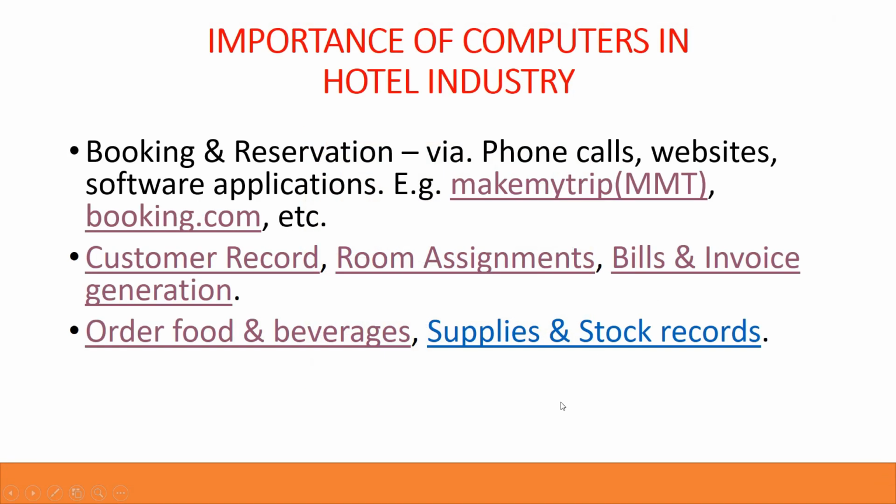Okay. The next thing is supplies and stock records. For example, let's say your hotel has a kitchen. It's not that I come to the room and order, and the kitchen tells the helper to go and get the particular food items. It's not like that. They have already kept a stock of whatever items they are going to sell in that hotel, so they will have a record of supplies and stocks in their system.